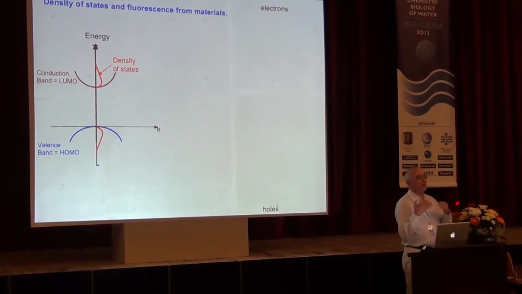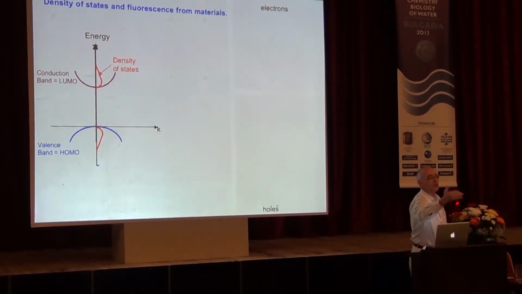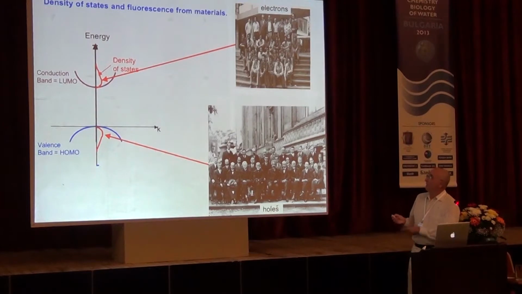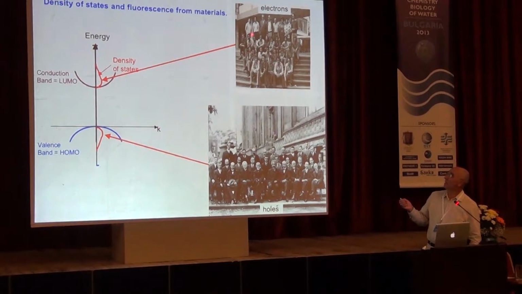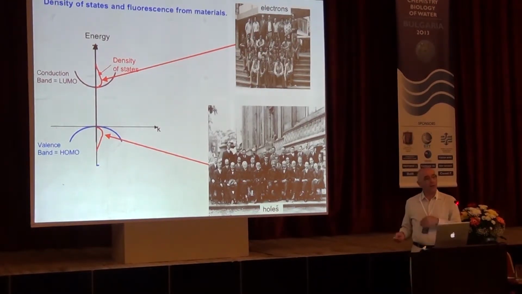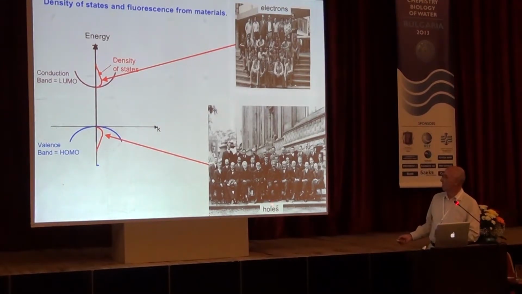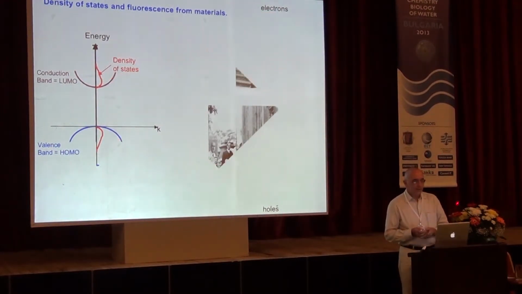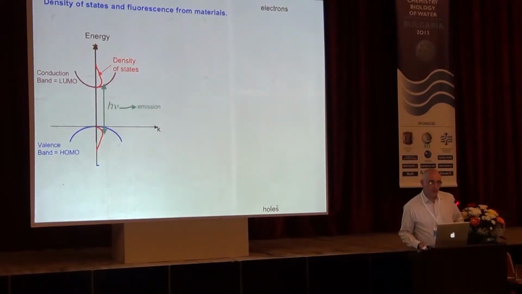It's like here, you are seated, but you have a density of energetic states in each part of this classroom. So you can occupy different electrons here, here, here, and the same for the valence band. The valence band holds electrons, but it also holds a lack of an electron. It means positive.